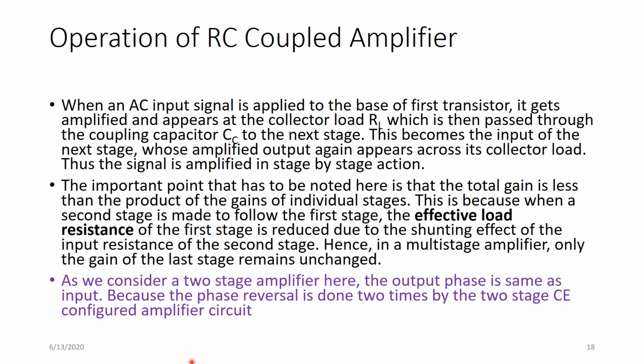Hence in a multi-stage amplifier, only the gain of the last stage remains unchanged. As we consider a two-stage amplifier here, the output phase is the same as the input because the phase reversal is done two times by the two common emitter amplifier circuits.